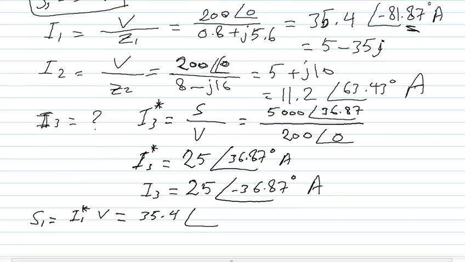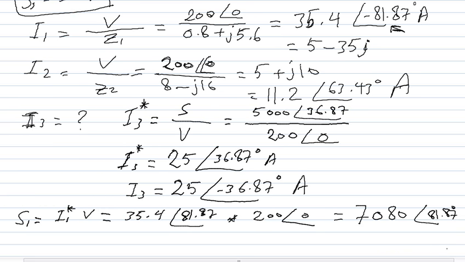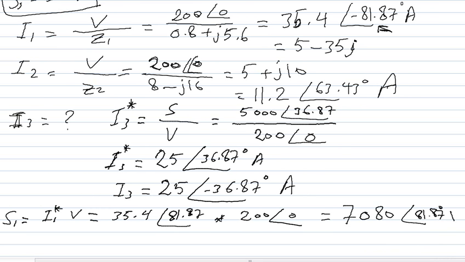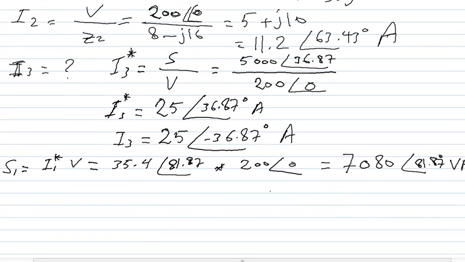We have here I1, it is 81.87 multiplied by 200 with 0 angle. It gives us 7080 with an angle 81.87, here it's volt ampere.